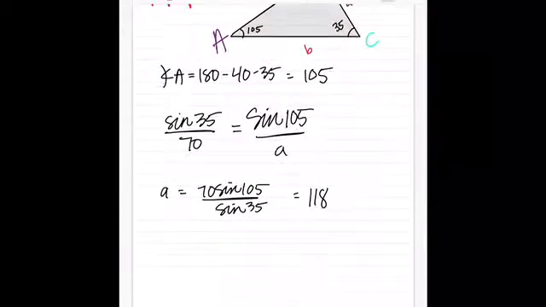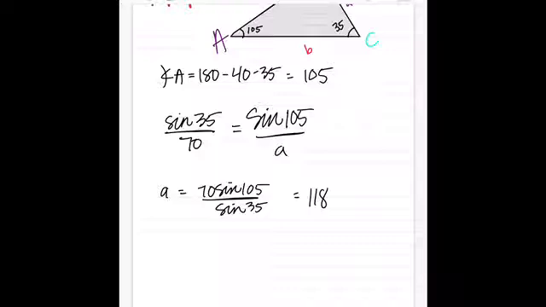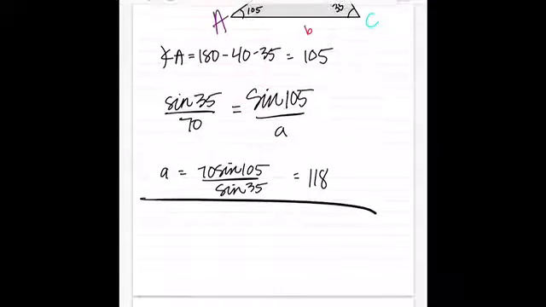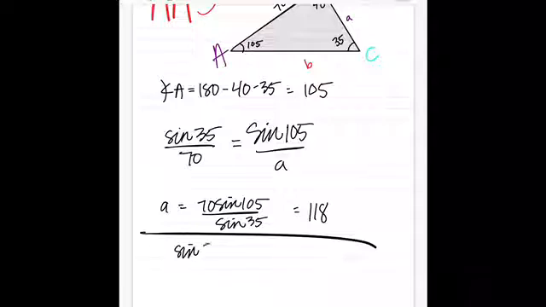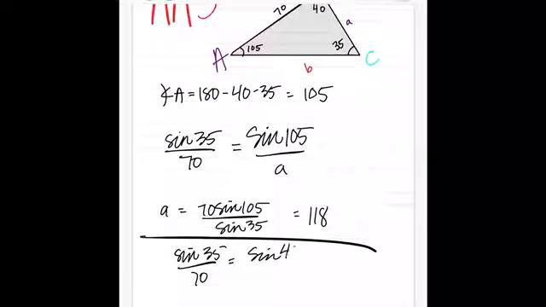Okay, so let's find side B. So B is equal to, well, let's not do it like that. Let's just do this other one first. So we're going to use side B, so we're still going to do sine of 35 over 70. It's equal to sine of angle B, which is 40, divided by B. Okay, cross multiply.